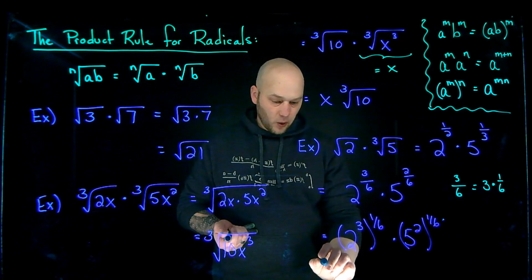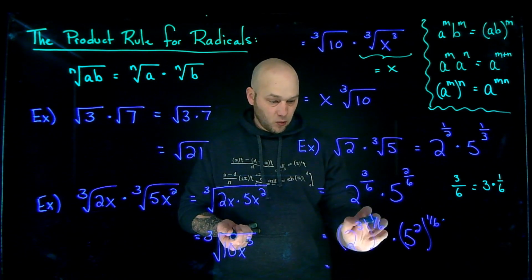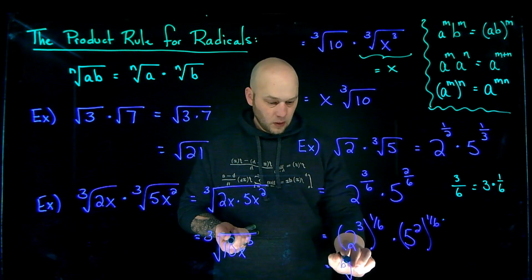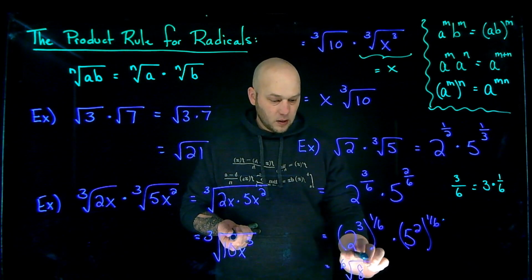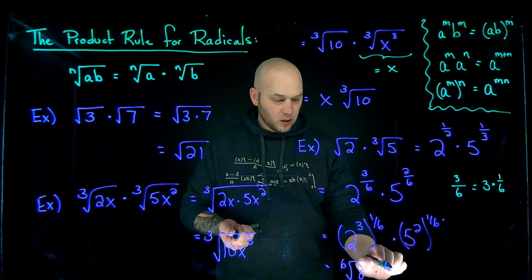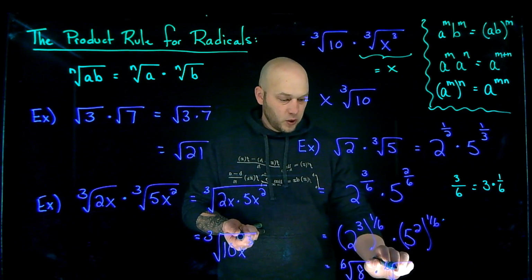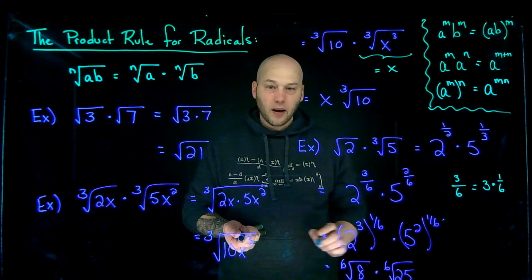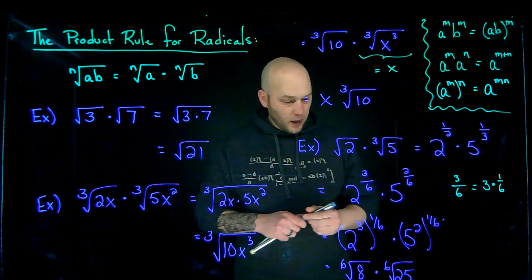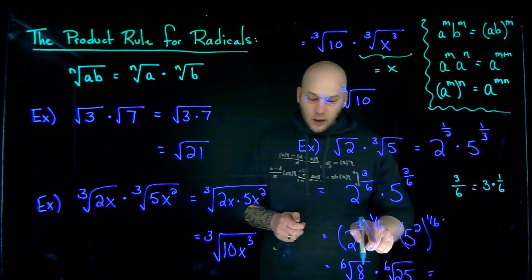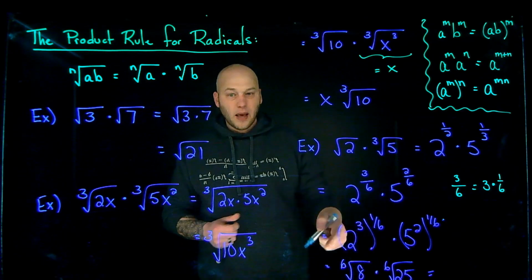And of course, I could also write this as the 6th root of 2 cubed, which is 8, multiplied by the 6th root of 5 squared, which is 25. And I now have a product of radicals that have the same index.